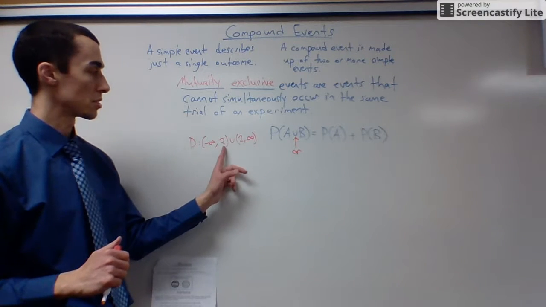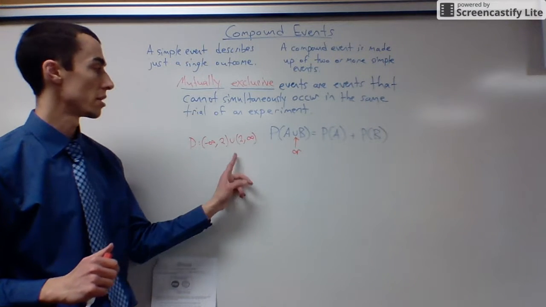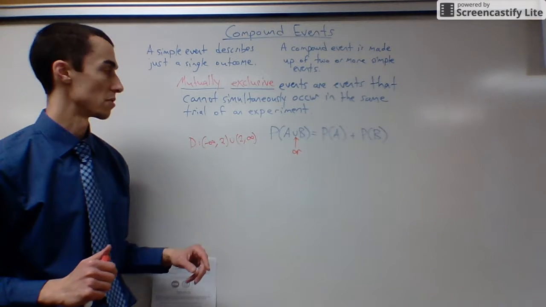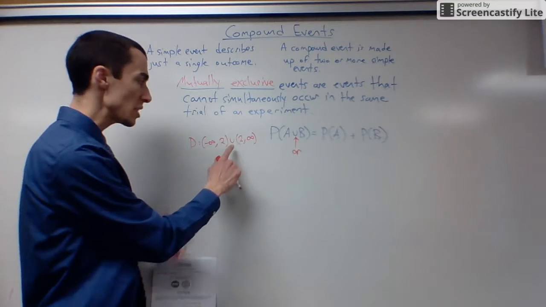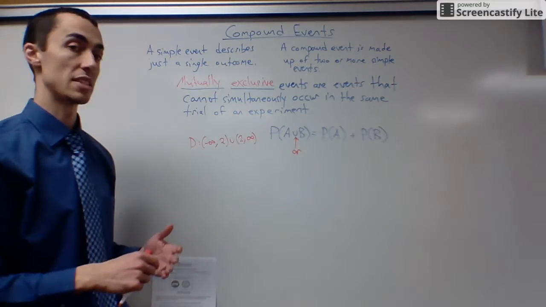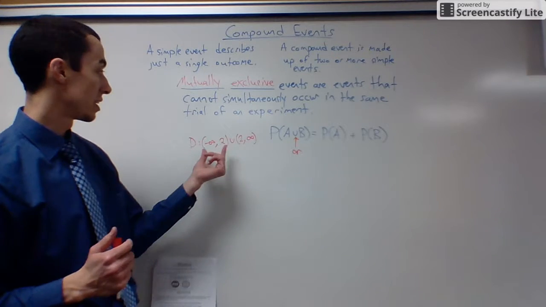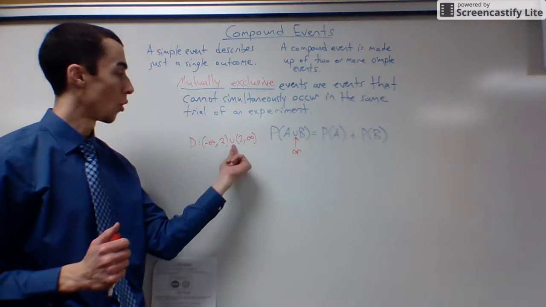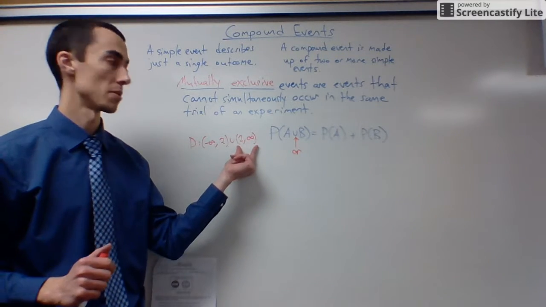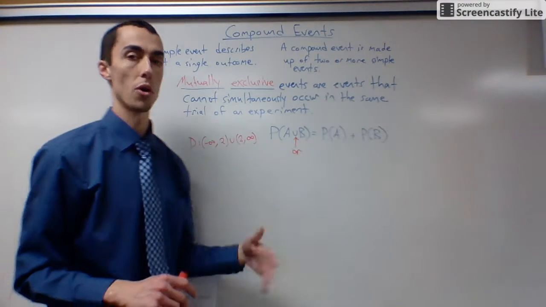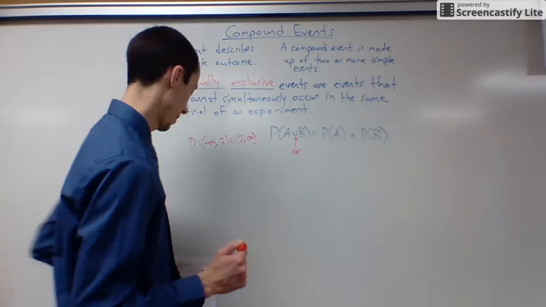Negative infinity up to 2, but not including 2, and 2 up to infinity. Now, what this "or" here means is that any x value in the domain would either fall in this interval or in that interval. So we are using the same symbol to describe "or" in a different context here.